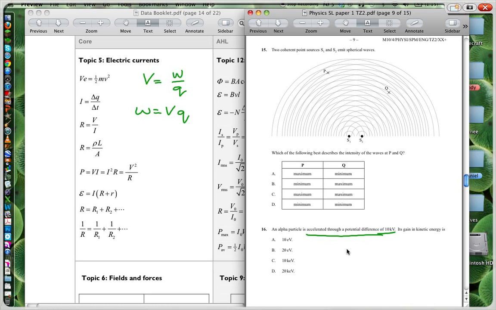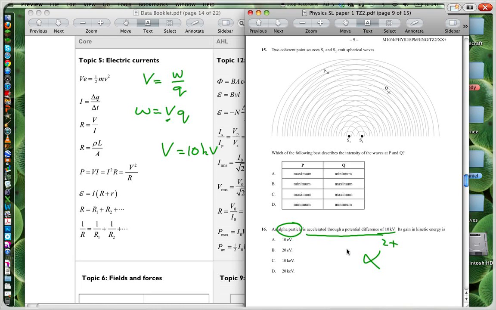Now we have got 10 kV, so that is your V. Your charge here: we are dealing with an alpha particle, which has a 2 plus charge. So you've actually got 2 elementary charges, positive, the charge of 2 protons.